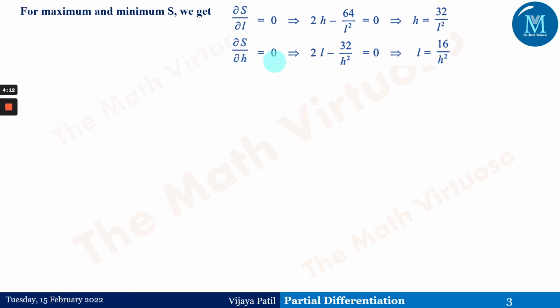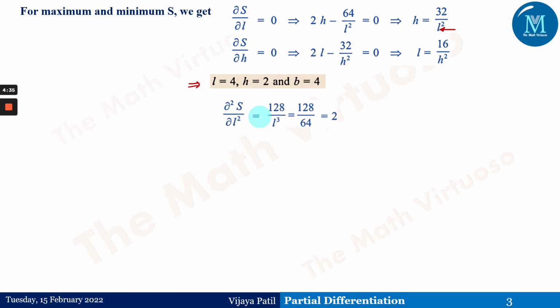Dou S upon dou H equals 0 gives L equals 16 upon H square. If we solve these equations simultaneously, putting L equals 16 upon H square and cross multiplying, the values are L equals 4, H equals 2 and B equals 4.